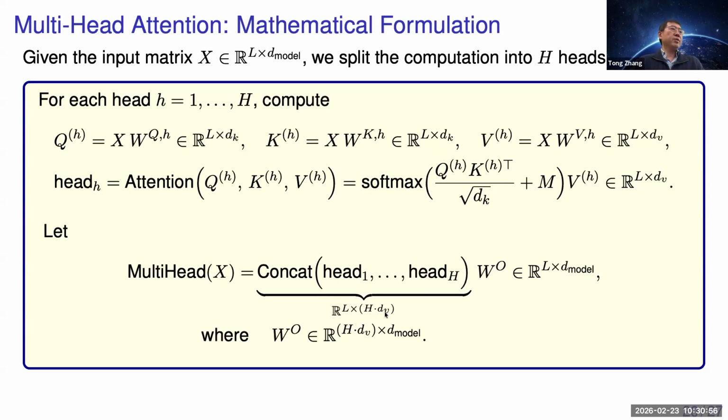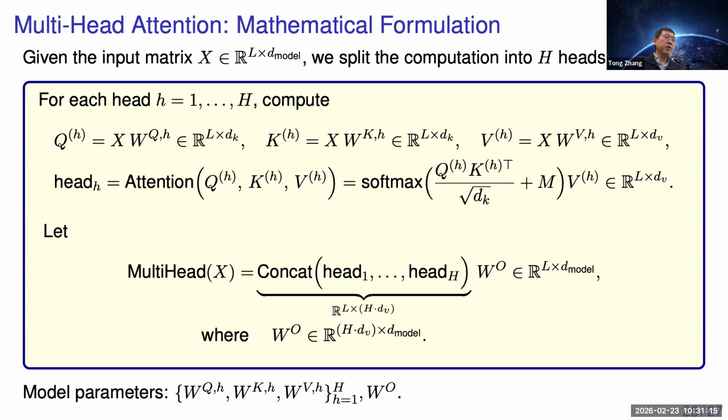So this becomes H times dV, and WO. What is the shape? It should be H times dV to D model. In a lot of applications, dV will be D model divided by H, so this one is like a square matrix, but it's still there. That's all your model parameters for multi-head attention.